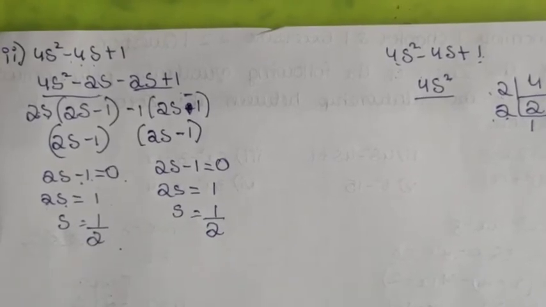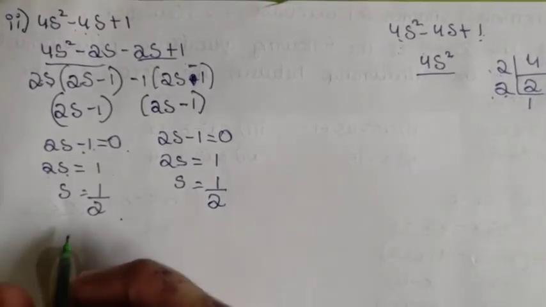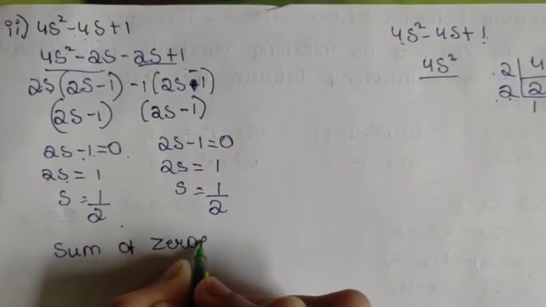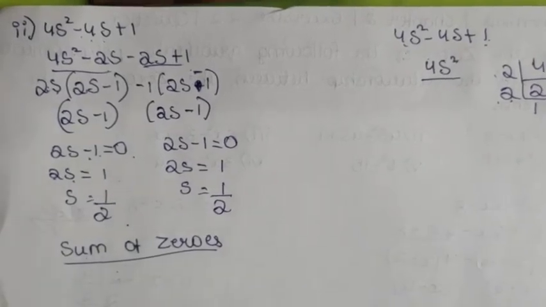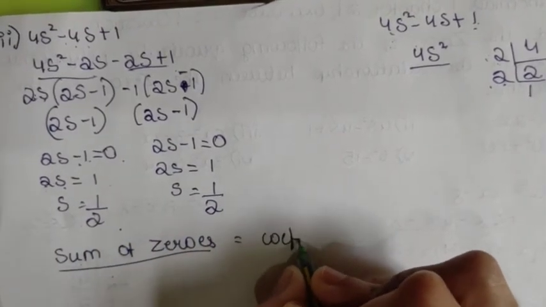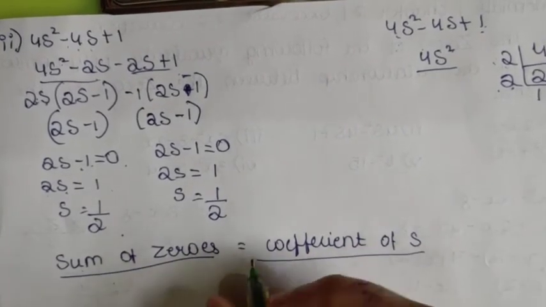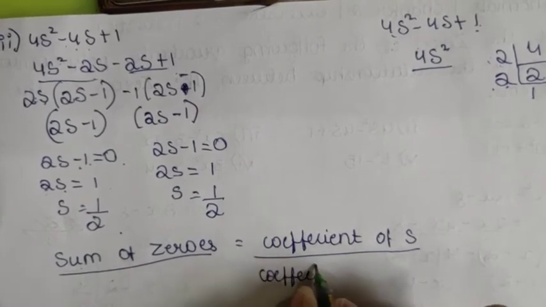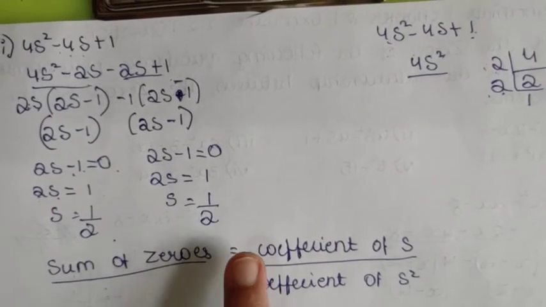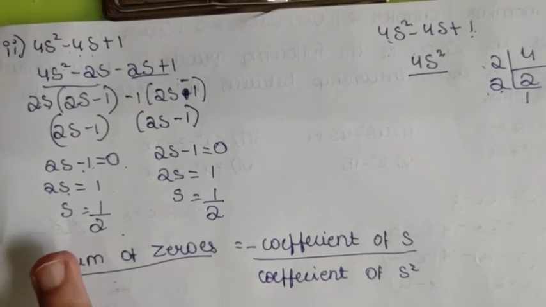Now let's find the relationship between the zeros and the coefficients. First is the sum of zeros. What is the sum of zeros formula? It is minus coefficient of s by coefficient of s square. Never forget to put minus here. The sum of zeros means we should add the zeros.